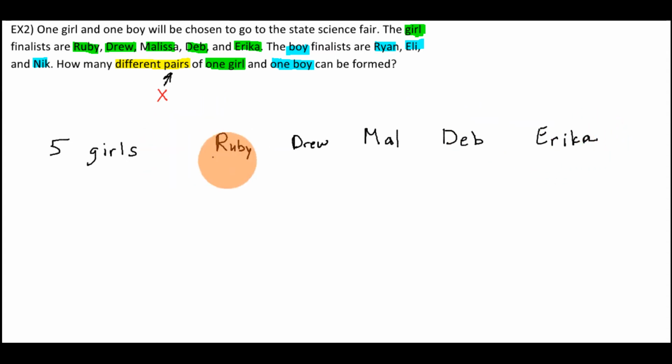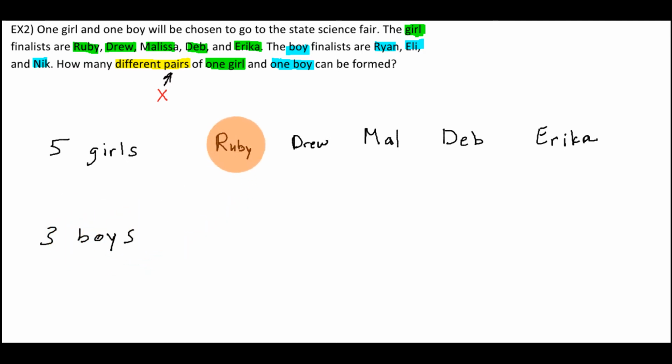Let's say I choose that Ruby is going to go to that science fair. Well, she can go with either Ryan, I can combine her with Ryan, I can put her in a pair with Eli here, or I could pair her up with Nick. So it looks like there are 3 boys that I could pair Ruby up with. So let's make a note that there are 3 boys.